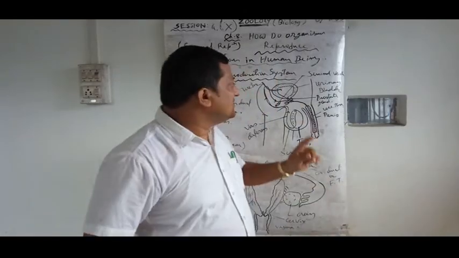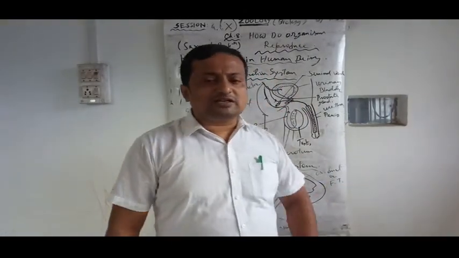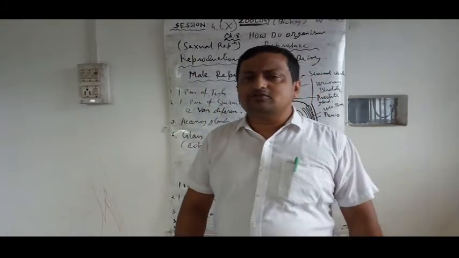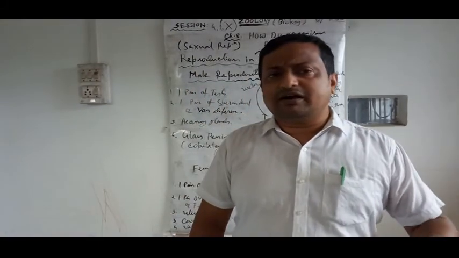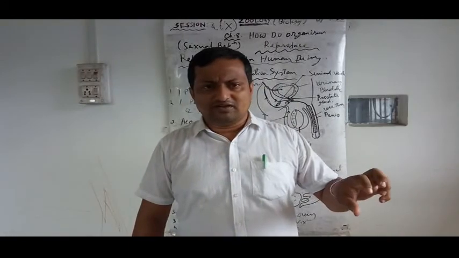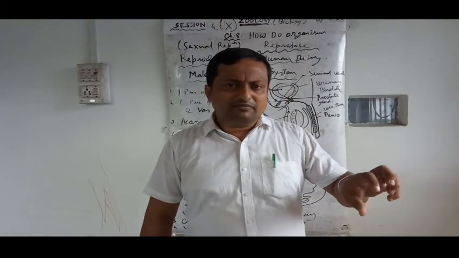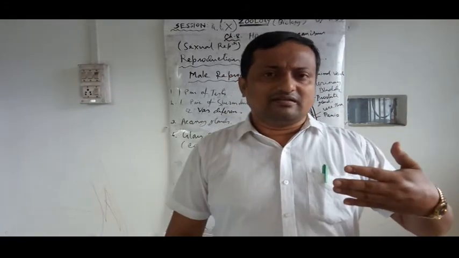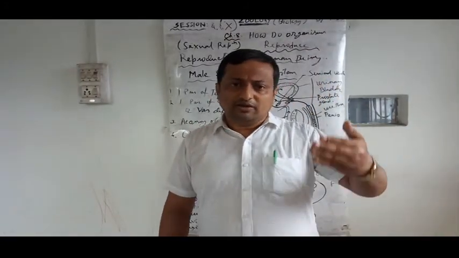Now, firstly, you see the male and female reproductive system. Actually, before birth the organs are just formed. The male and female reproductive organs are already formed inside the baby, but they will not work. They will start to work later.